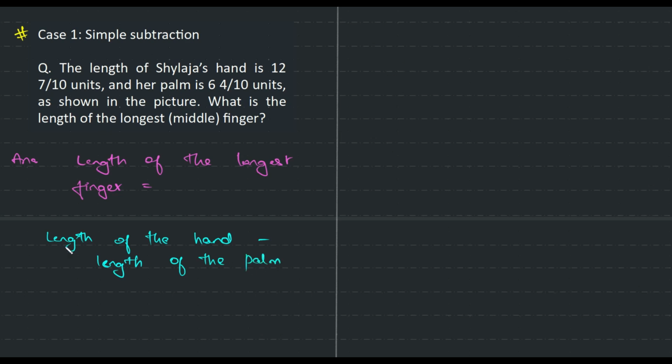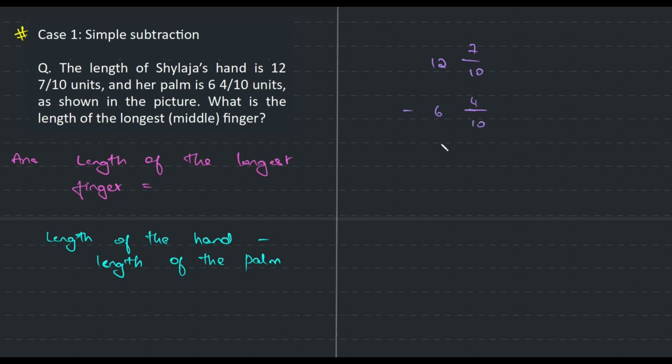So how do you do that? First we need to have this picture clear, right? So what is it that we are subtracting from what? With that in hand, then we'll move on to 12, 7/10 minus 6, 4/10.